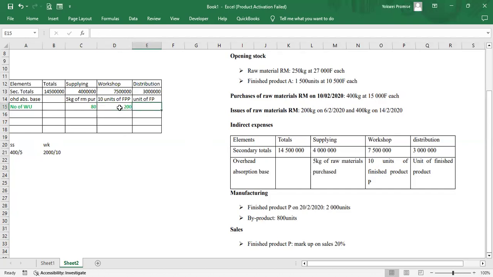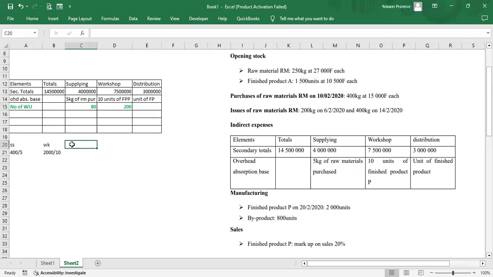Now, next, distribution. They say units of finished product. In this case, the actual unit was not given. So we are the ones to calculate. The actual units of finished product were not given. So we are the ones to calculate.